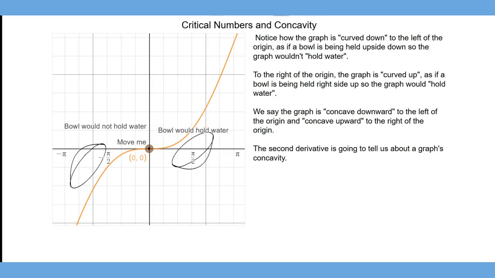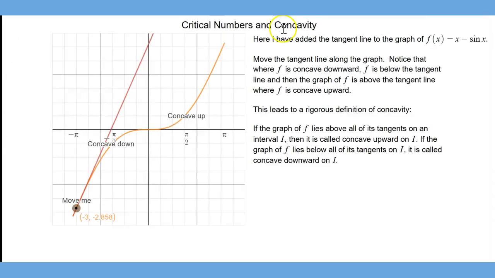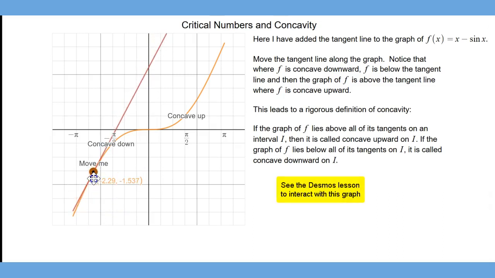Sometimes the concavity of a graph is very subtle, and it's hard to tell exactly if it's concave up or down just by looking at the graph. Here it's pretty obvious. Notice the tangent line. I've added the tangent line to the graph of this function. It has a positive slope. It starts out positive.